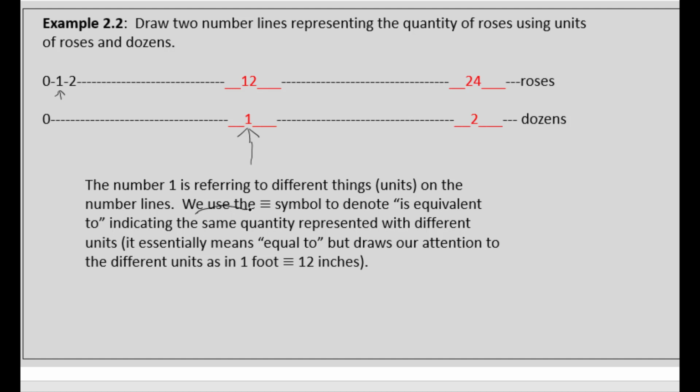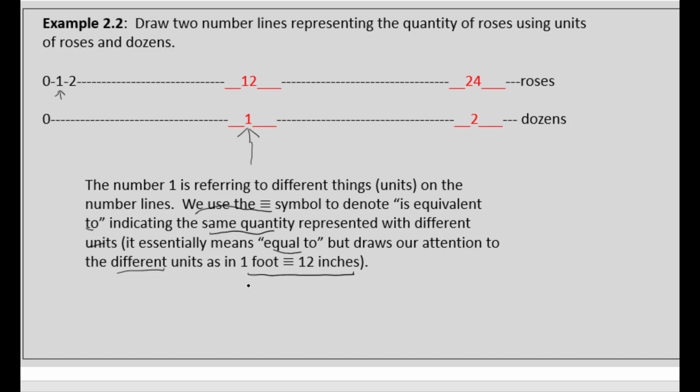And we use the symbol with 3 bars to denote that it is equivalent to, indicating the same quantity represented by different units. This essentially means equal to, but it draws our attention to the different units, as in 1 foot is equivalent to 12 inches.